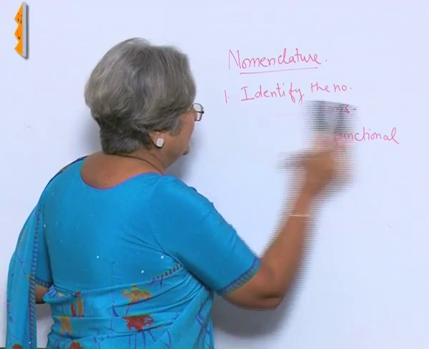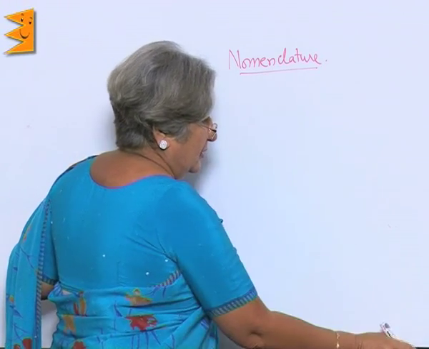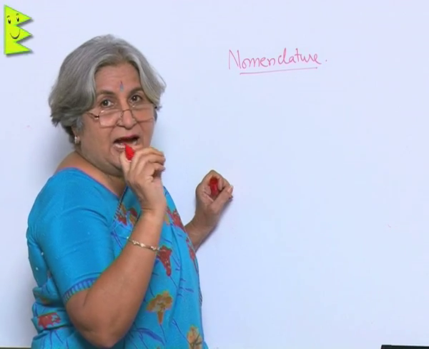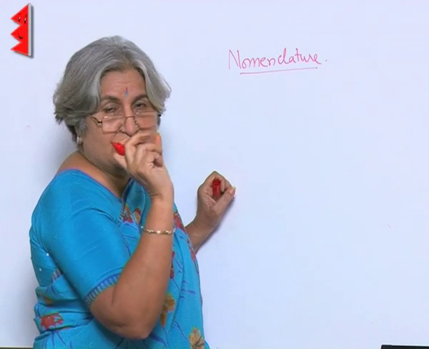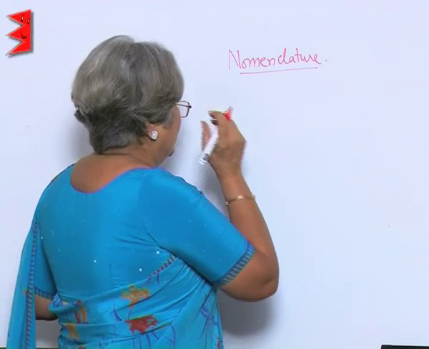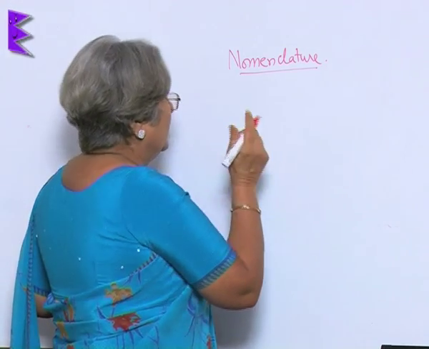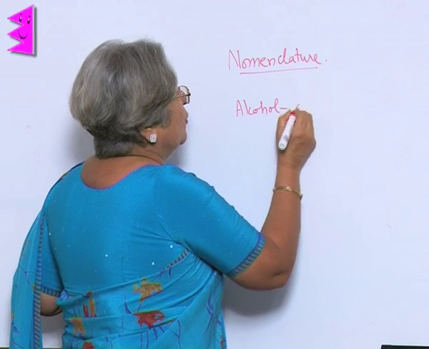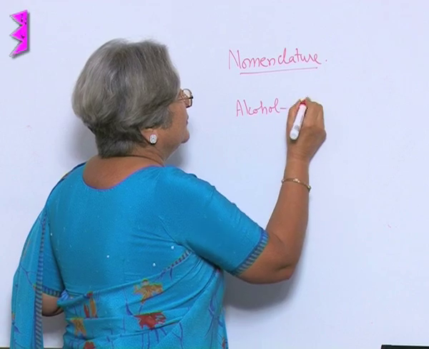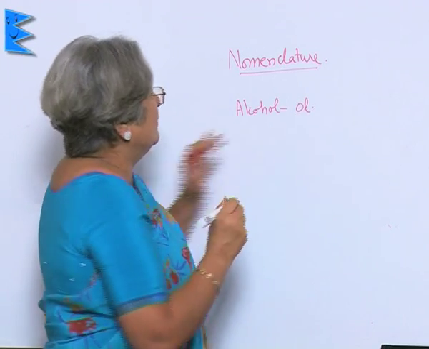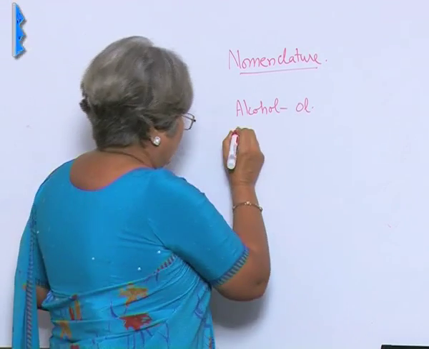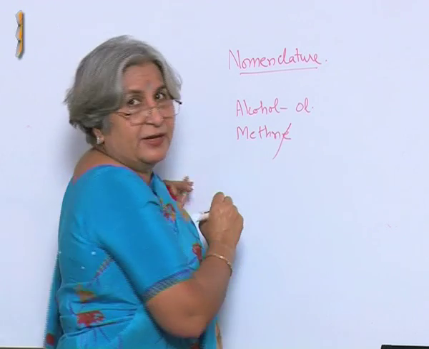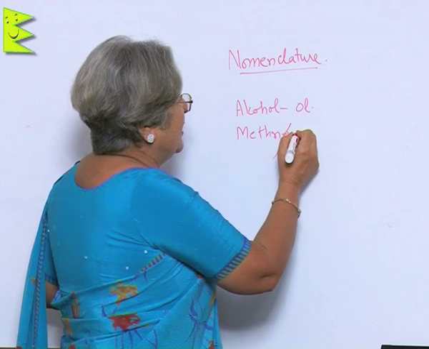For example, what we do is we delete the last E or the last few letters. For example, for alcohol, what we use is OL. So from methane, this E will be removed and OL will be attached.